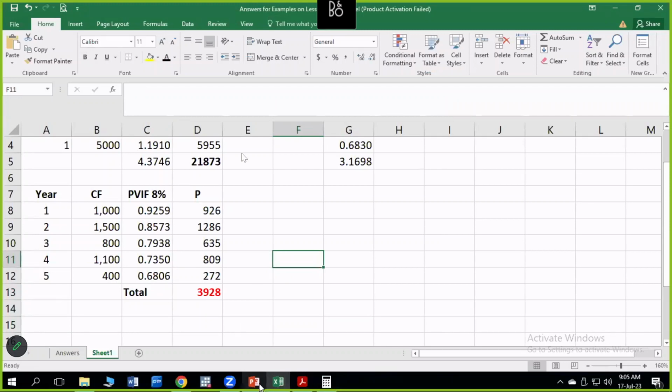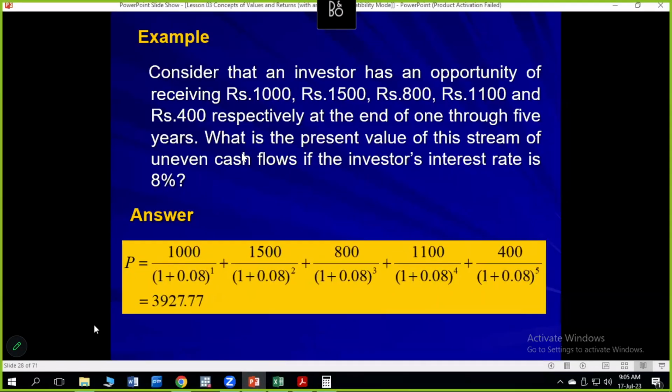3,928. So in your answer, you find this one. Approximation is given, 3,928.